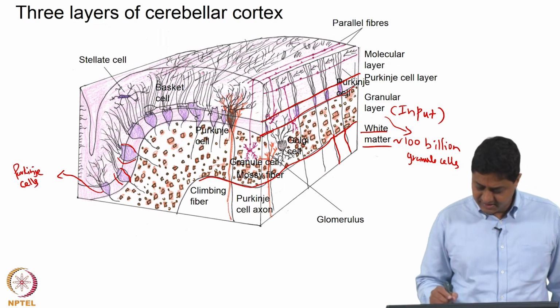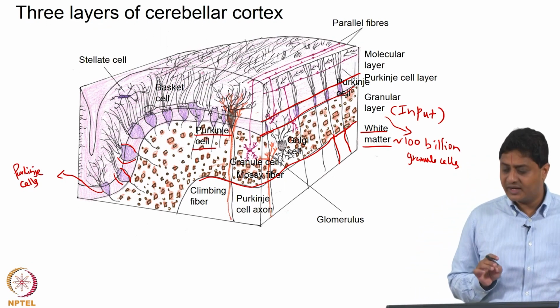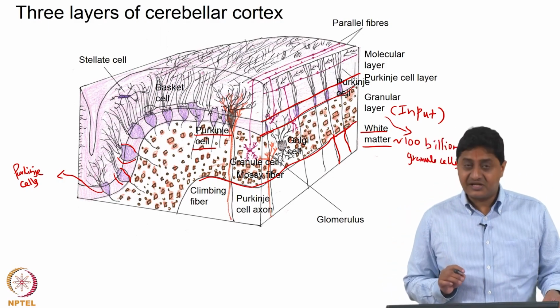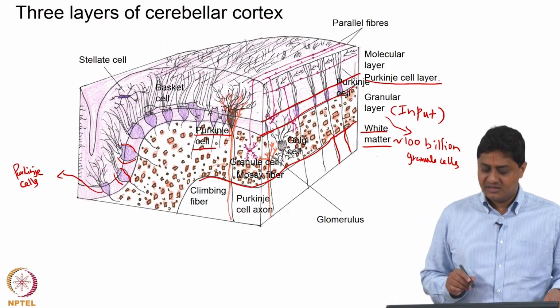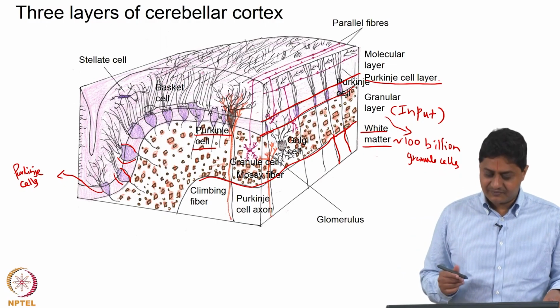What does it mean when I say their cell bodies are located in the Purkinje cell layer? It means that their dendrites and axons are elsewhere.